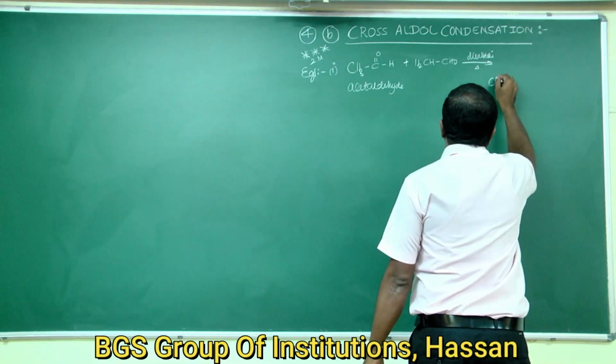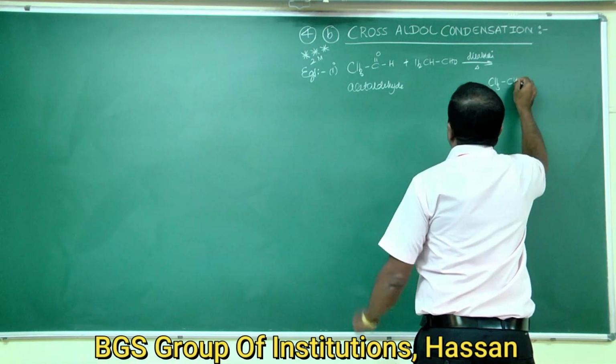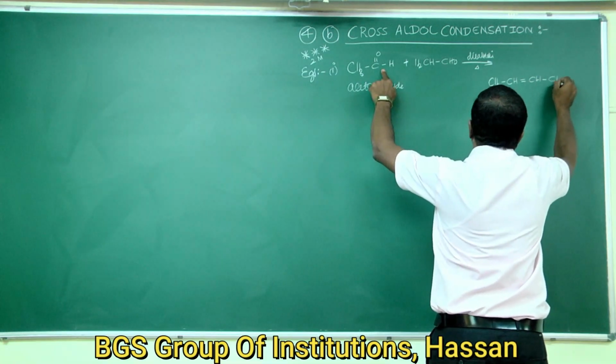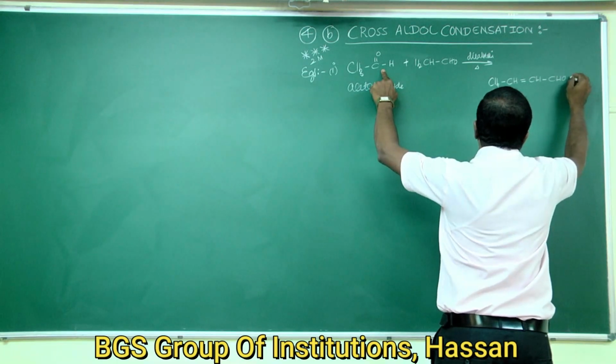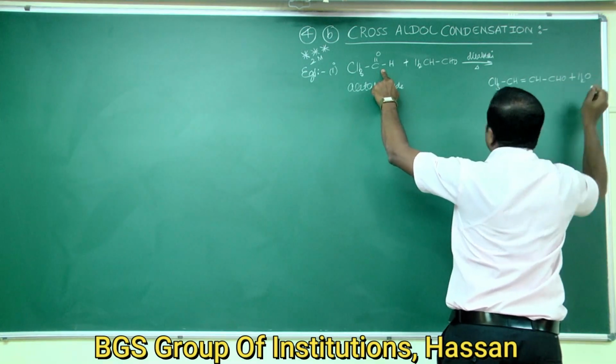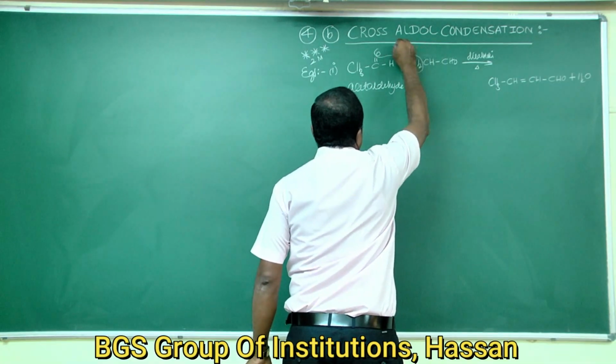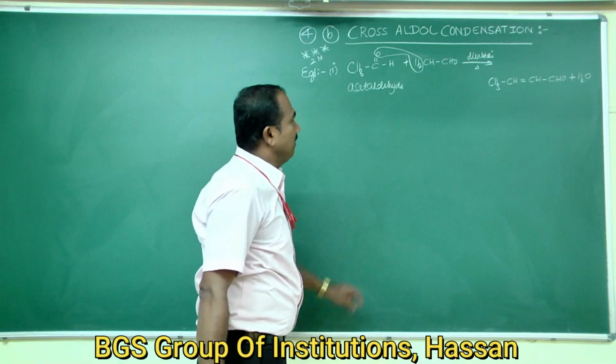The cross aldol product is CH3 single bond CH double bond CH single bond CHO. The oxygen combines with H2, so a water molecule is eliminated.